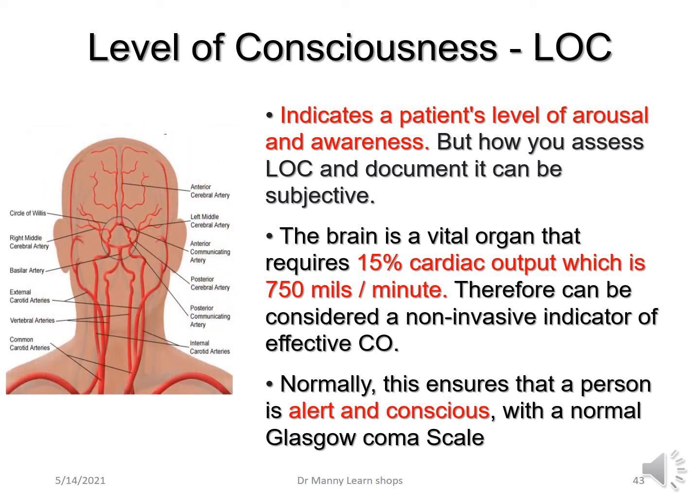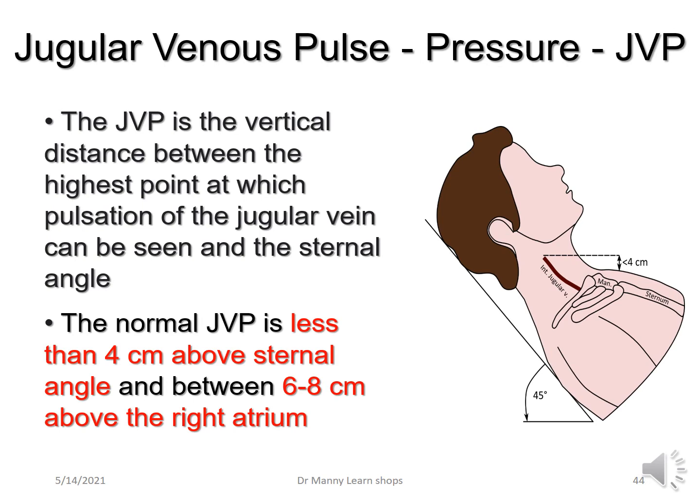Level of consciousness as an indicator of cardiac output. Mentation. Then you've got the jugular venous pulse or pressure, if you want to consider it as that. And the JVP is the vertical distance between the highest point at which the pulsation of the jugular vein can be seen. You can see it. You can't feel it because it's not an arterial pulse.